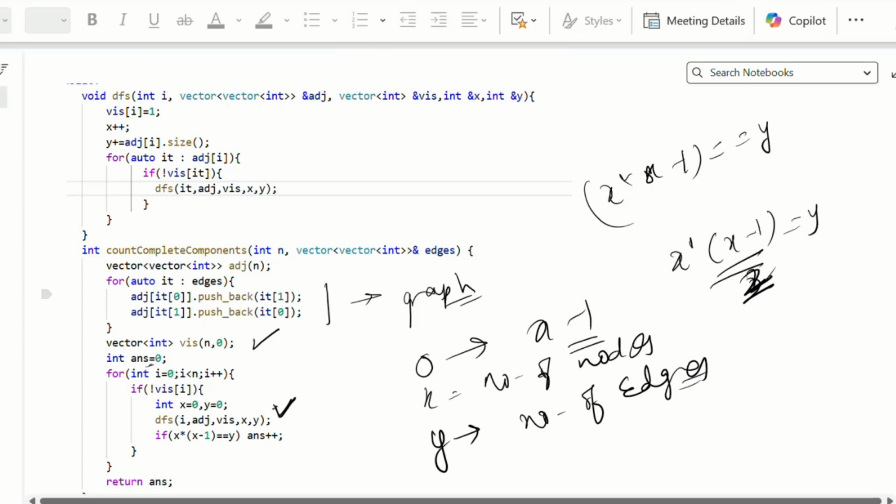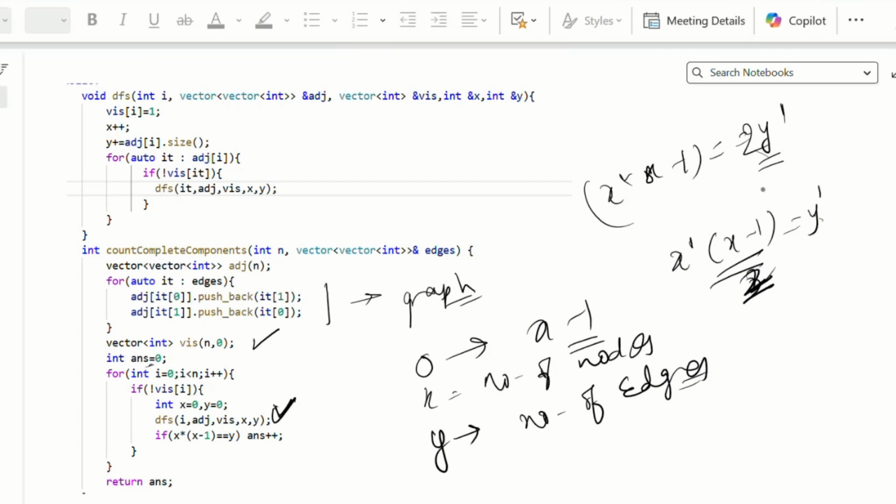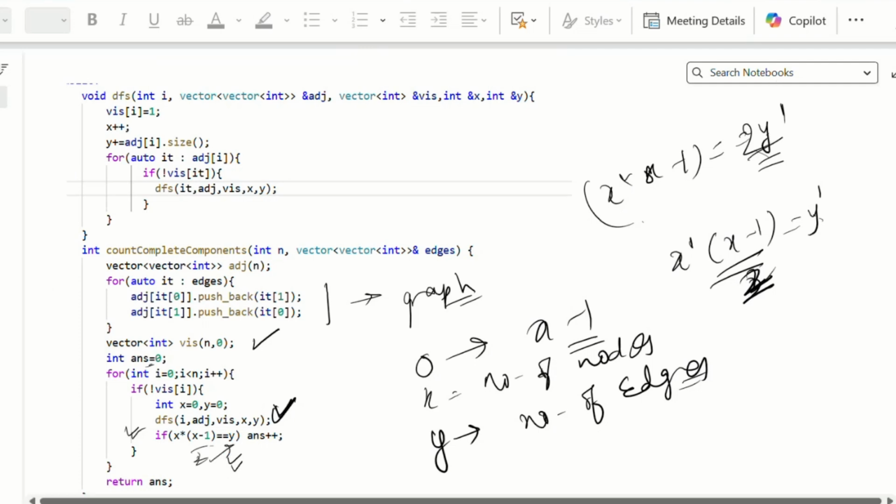In this DFS function, this y is not the real y. This y is 2 times the real y. If the real one is y dash, then this is 2 into y dash, because we are calculating the number of edges twice in our DFS. That's why we moved the 2 to this side and replaced it with the other y.